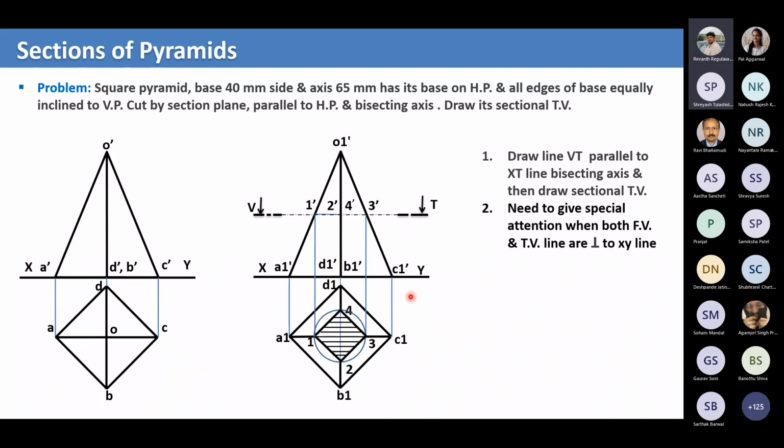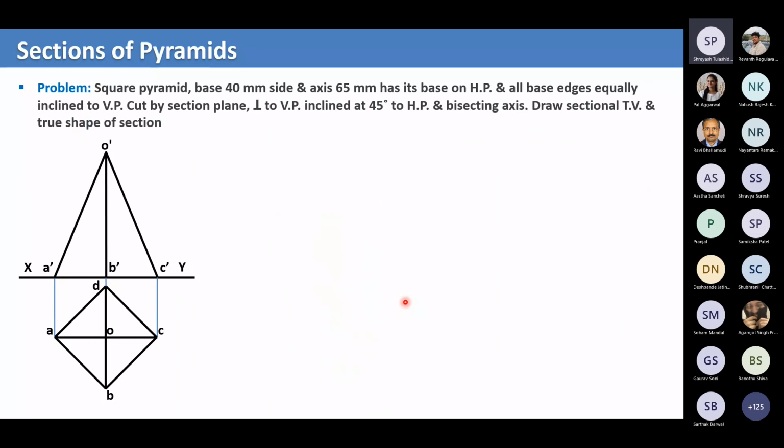So if there are no more doubts, we'll proceed. Yes. So this is another example. The same thing. A pyramid position is the same, but now we have a sectional plane perpendicular to VP and inclined at 45 degrees to horizontal plane.